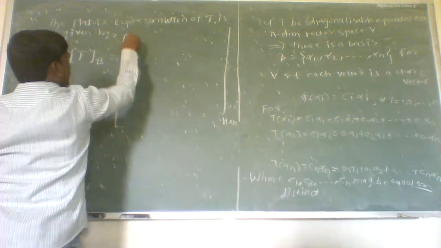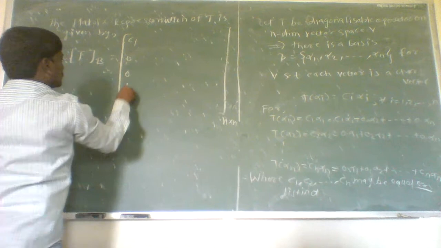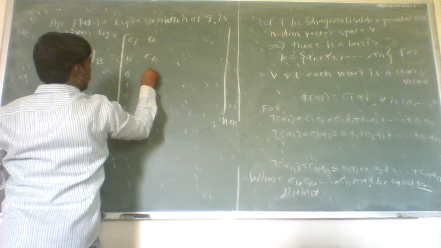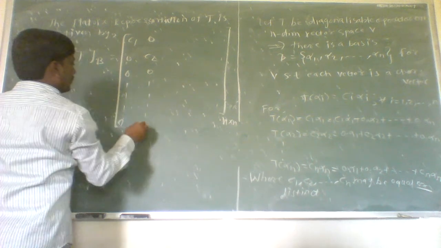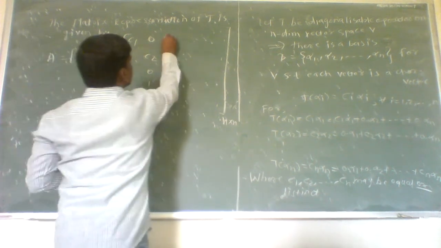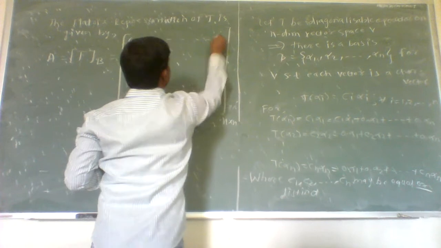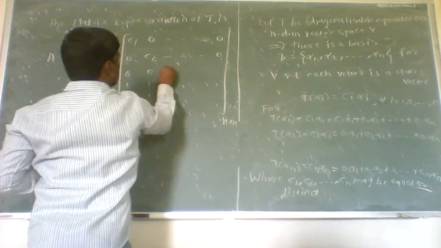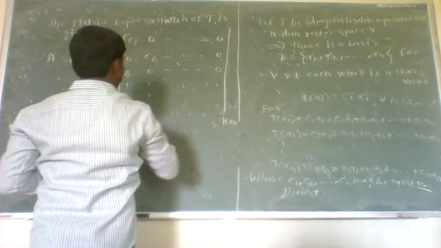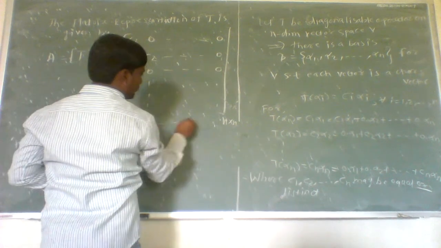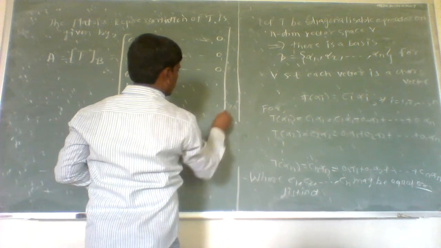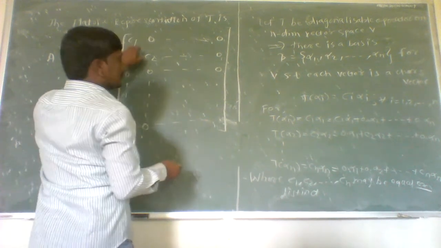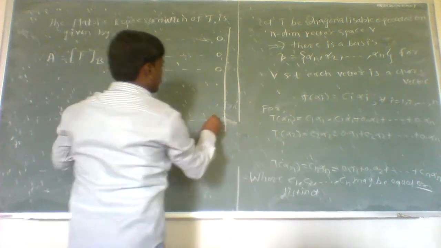So here is C1 and all the remaining coefficients are 0; here is 0, C2, 0, and so on, with the diagonal entries C1, C2 up to Cn.